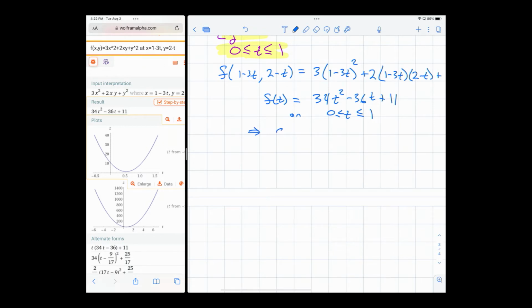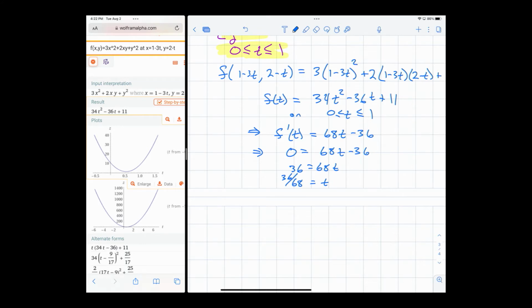You take a derivative of this new f of t, so we get 68t minus 36. You look for critical points, so you set that equal to 0: 68t minus 36 equals 0, so 36 equals 68t, and t is 36 over 68. That's our critical point.